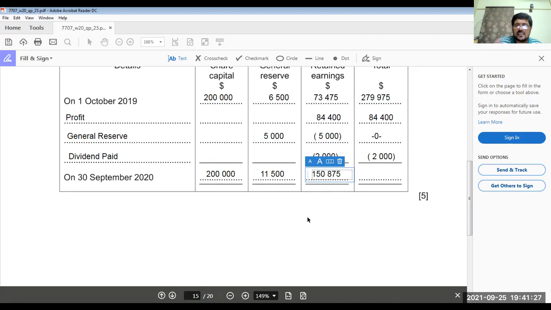Let's see the vertical totals column. This is 279,975 plus 84,400 minus 2,000. Answer is 362,375. Yes, done. So we got 5 out of 5 in this question.